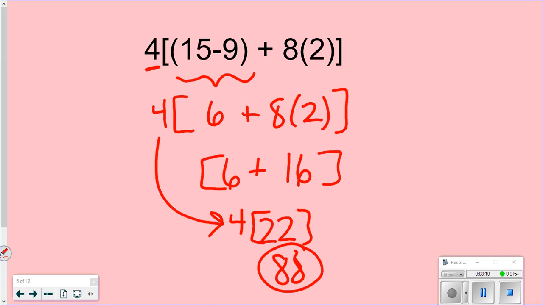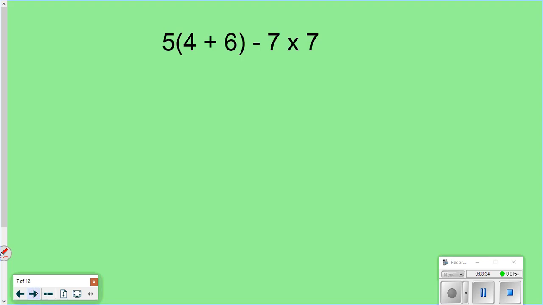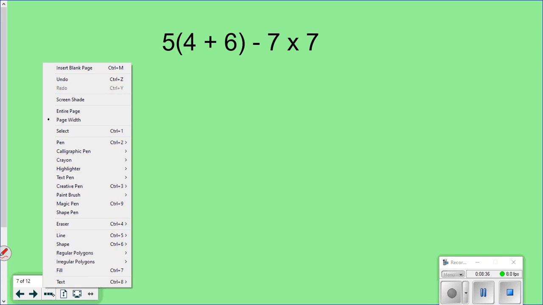Let's see here. Let me find one. All right, try this one. I'm going to add in a page.